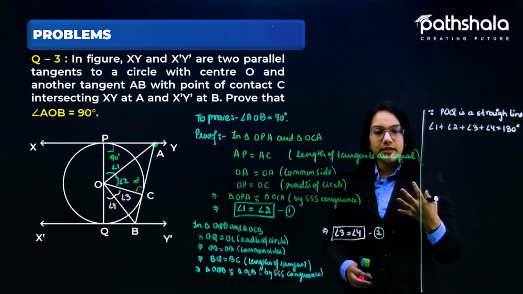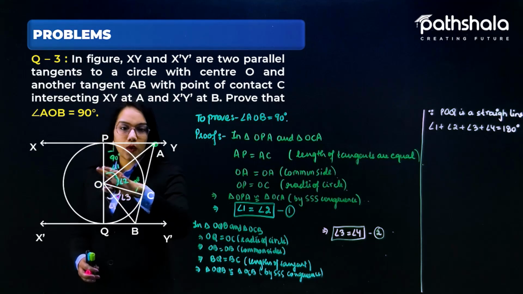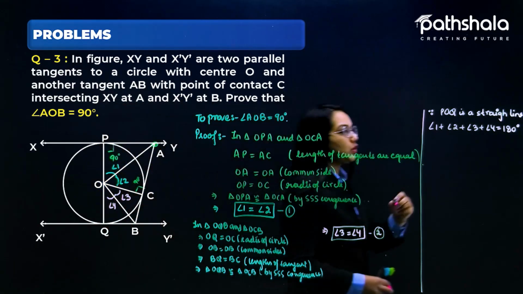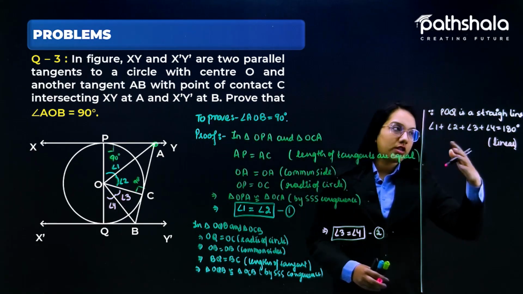By the linear pair axiom, all these angles sum up to 180 degrees.